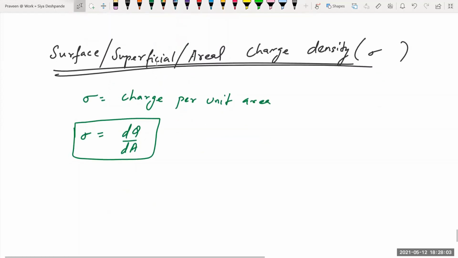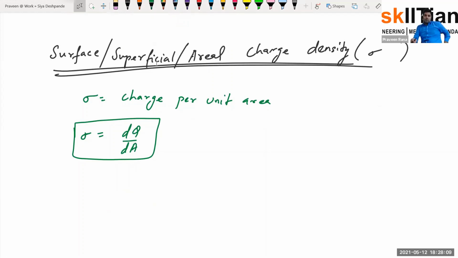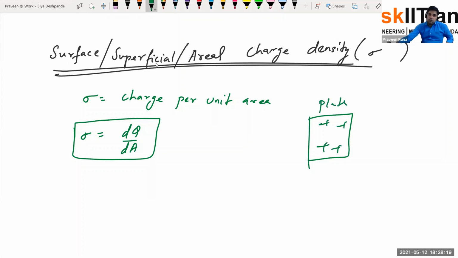How do we know if a charge is dependent on area? First of all, it's a little tricky question. Like I have given you a plate on which a charge is distributed. So what is a plate? Is a plate two-dimensional, three-dimensional, one-dimensional? Two-dimensional. So in the two-dimensional case, you will have to take sigma.